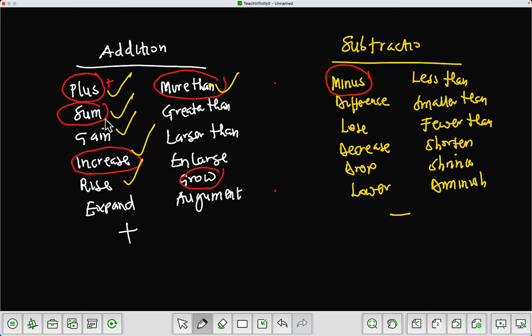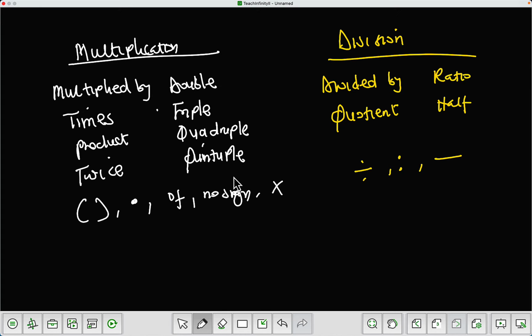If a sum is addition, then obviously the difference is going to be subtraction. If gain is addition, lose is going to be subtraction. If increase is addition, decrease is. If you are not rising, then you are dropping. If you are not expanding, then you are lowering. Okay, less than.